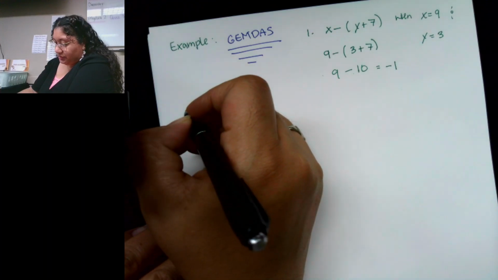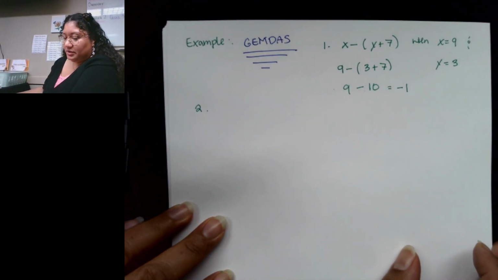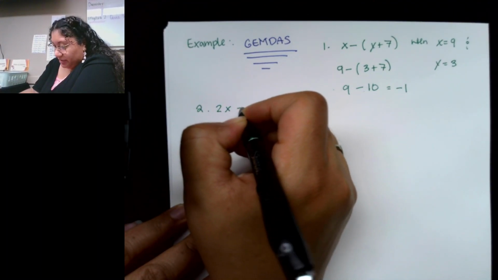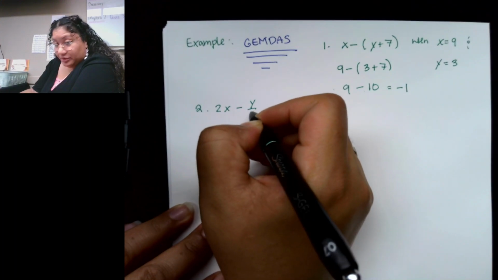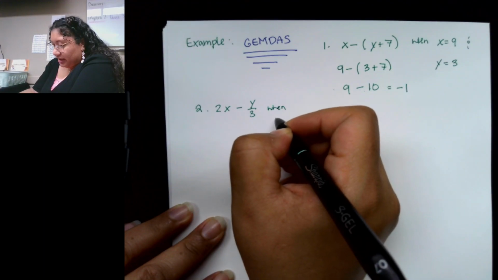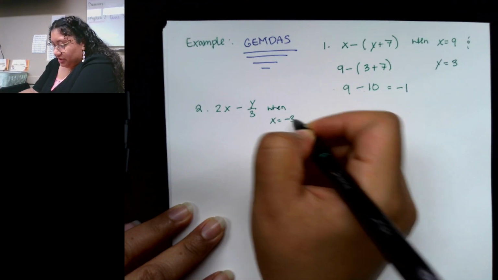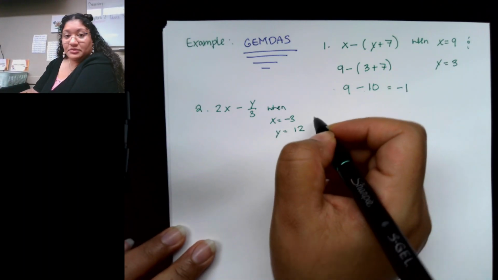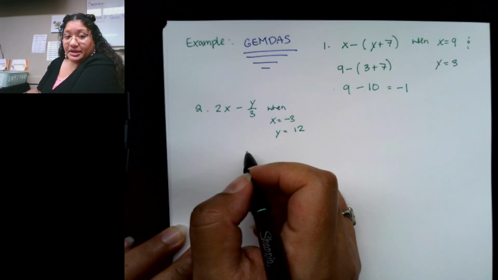Now number 2. I've got 2x minus y over 3 when x equals -3 and y equals 12. Okay, let's just plug it in.